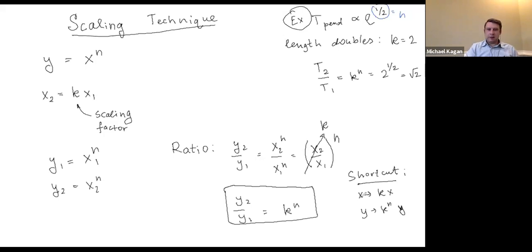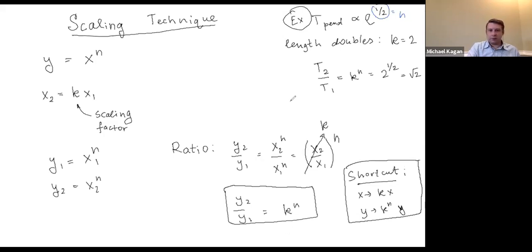I don't want to write the subscripts 1 and 2. I say x goes from just x to this and y goes to this. Is this notation clear, folks? Just get comfortable with this, because this is much more compact than what we did here.